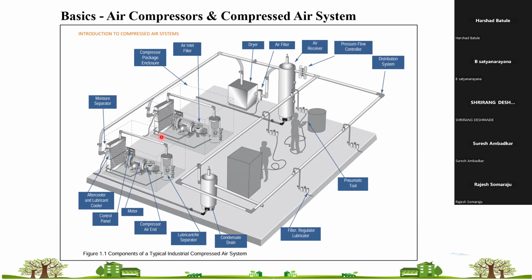So 7 into 11 divided by 5 into 1.03 gives around 14 to 14.5 as your delivery FAD, in meter cube per minute.